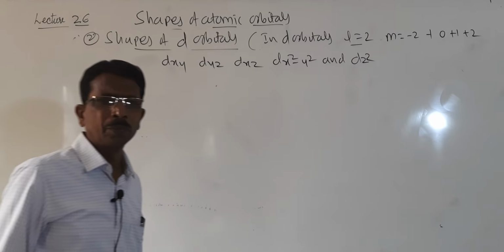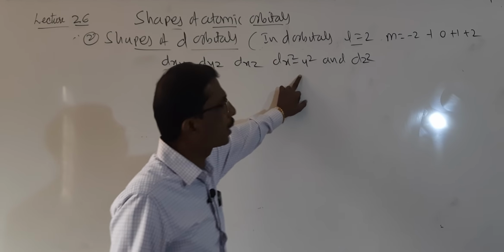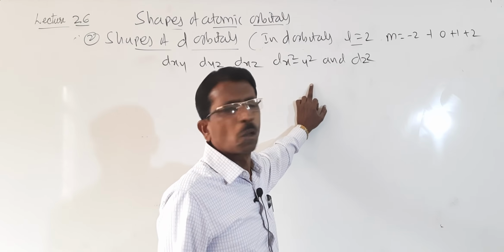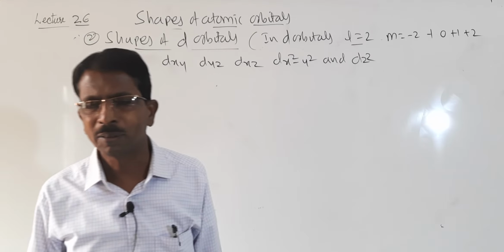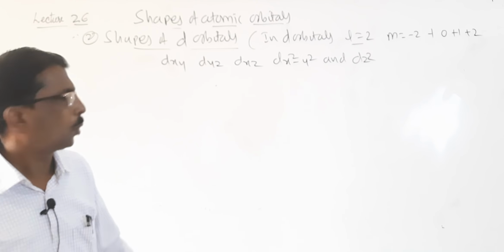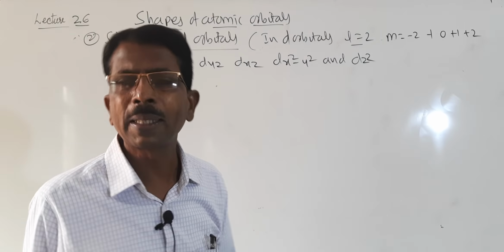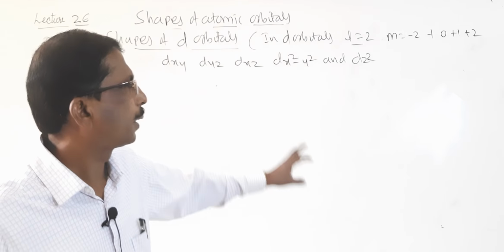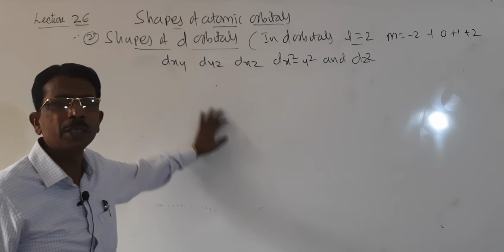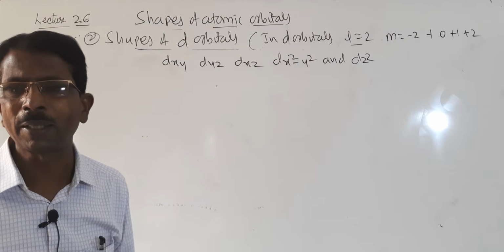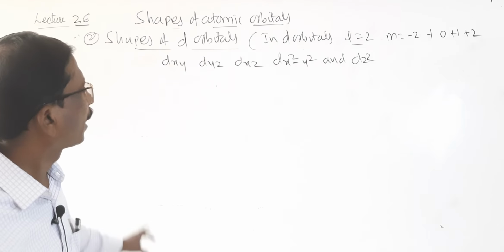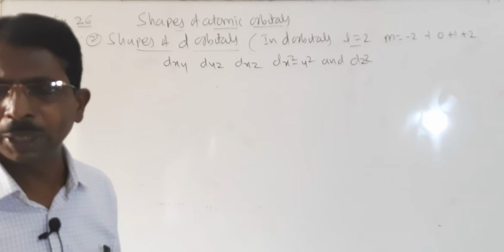Look here students. Here 4 orbitals are identical, but the 5th orbital is different. So, 4 orbitals have the same energy, and only the shape of the dz square orbital is different. And here let us see what the shapes are.